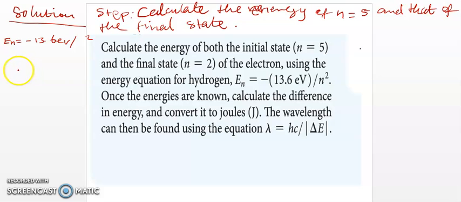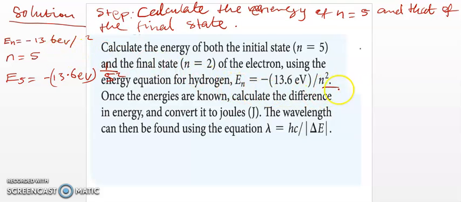So we start with the initial state. The initial state is equal to 5. So n is equal to 5, meaning that we have E5. This will be equal to negative 13.6 eV times 1 by 5 squared, because we have n squared.